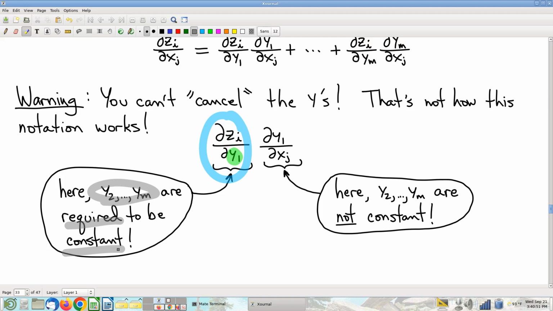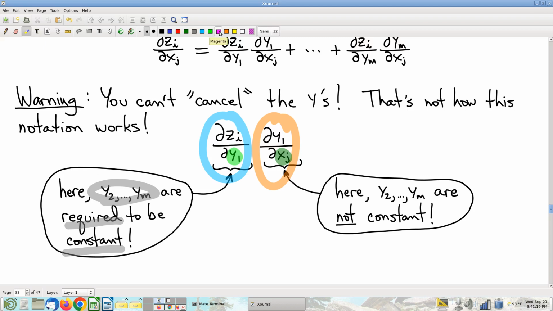Now, by comparison, there's a completely different story going on in the factor on the right here. In this story on the right, again, we're taking a partial derivative. That means xj is to be thought of as a variable. All the other x's are constant. Fine. But what about the y's?